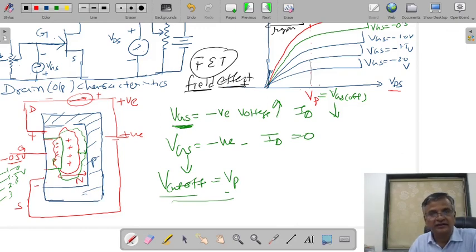The reason is that due to this electric field, the current is controlled. Due to the field produced at the gate, your drain current is controlled.